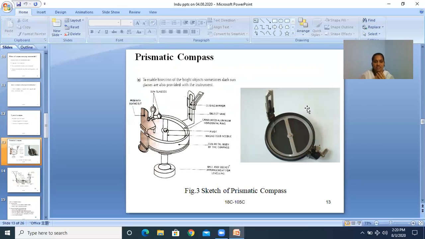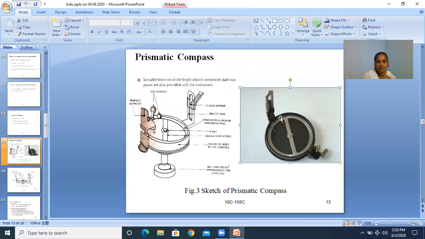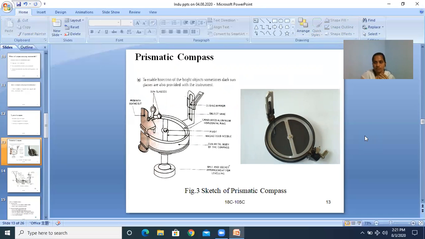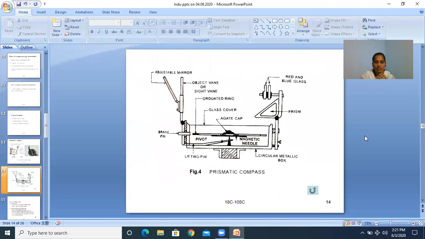So this is the prismatic compass, and this is the schematic sketch. You can see this one. This is the circular box.